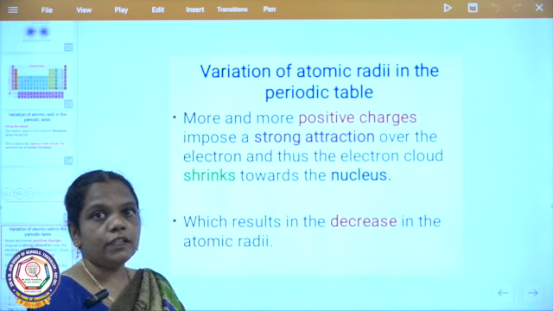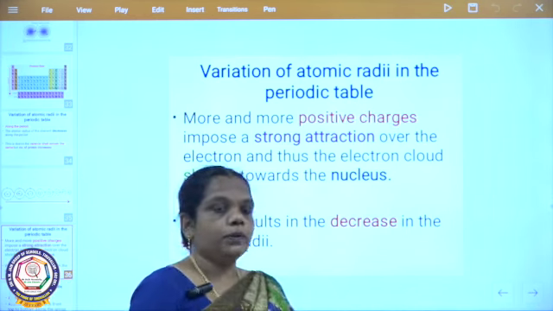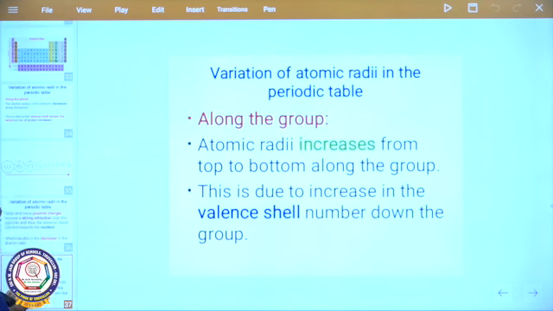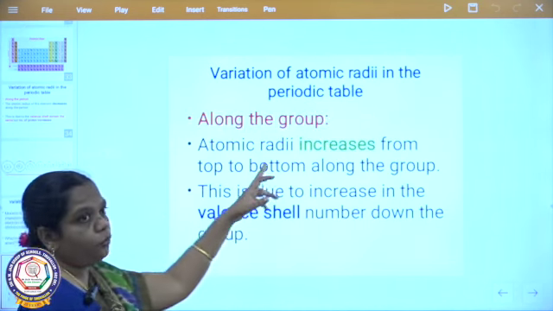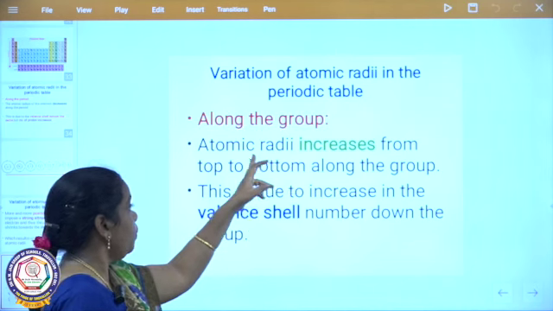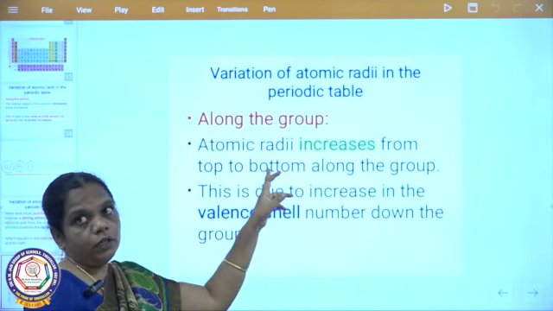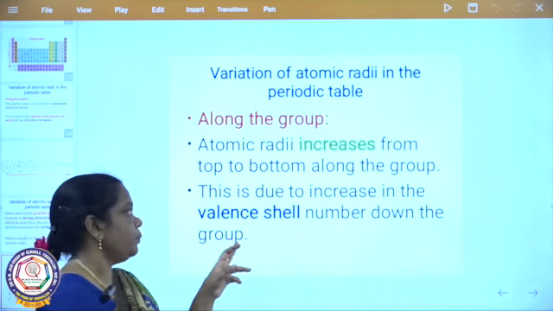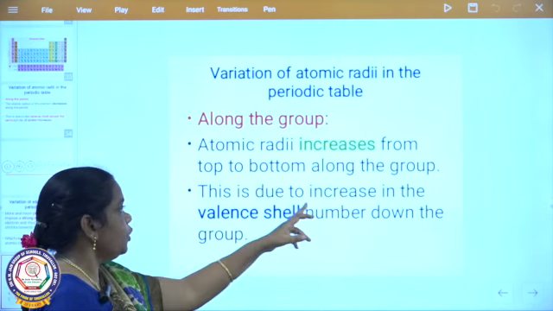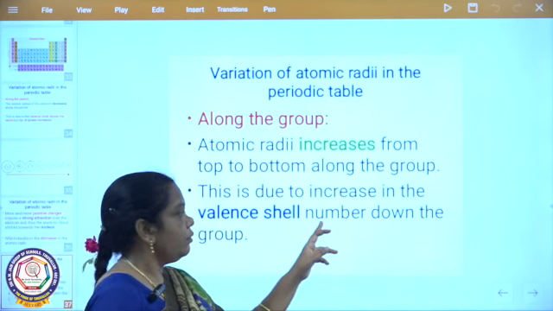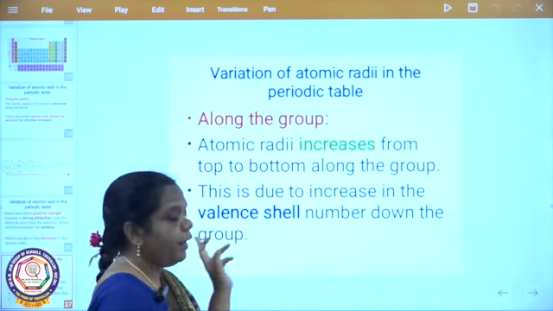Next, we are going to see about the group. Along the group, what happens? The atomic radius increases from top to bottom, because of the increase in valence shell number down the group.